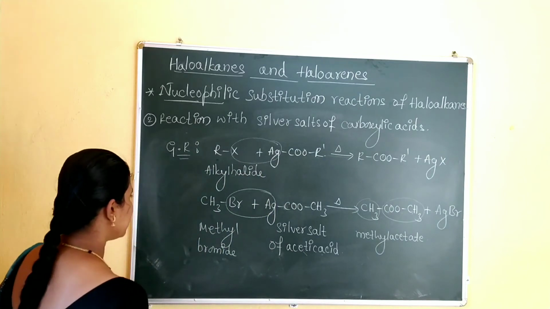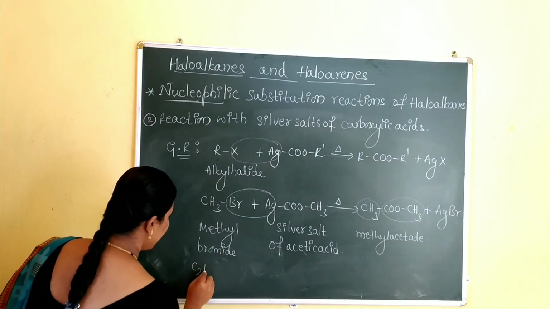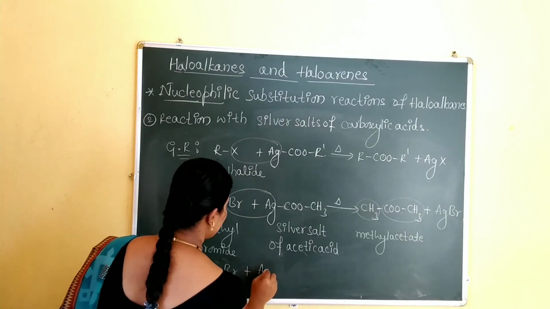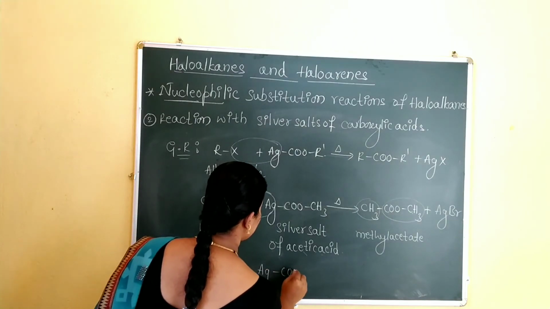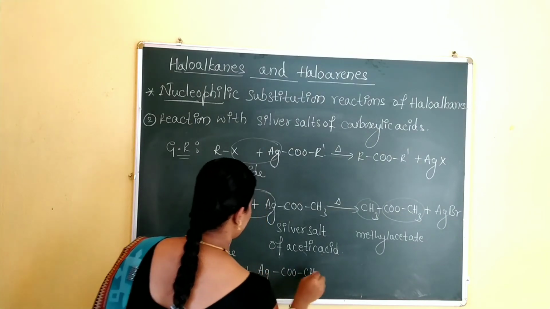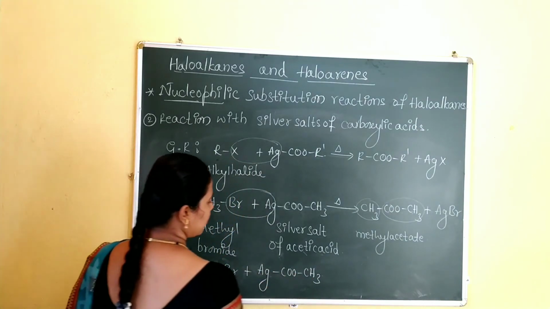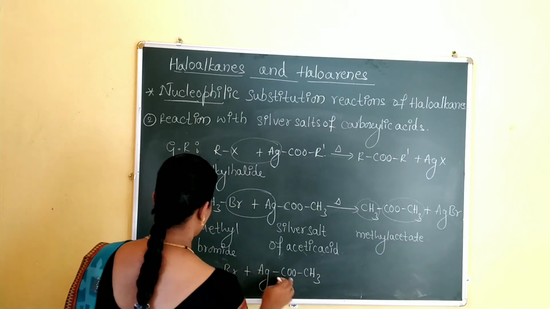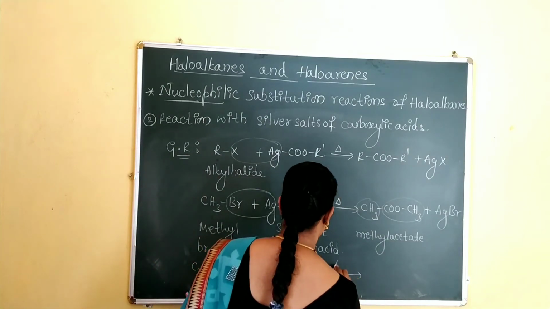I will take one more example. C2H5Br plus CH3COOAg, silver salt of acetic acid.